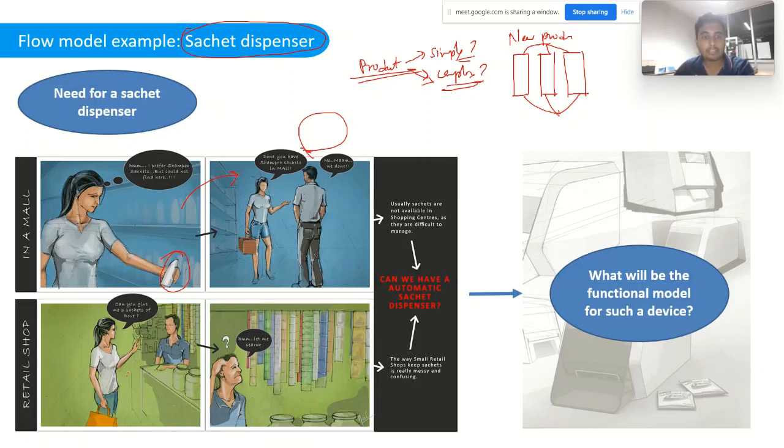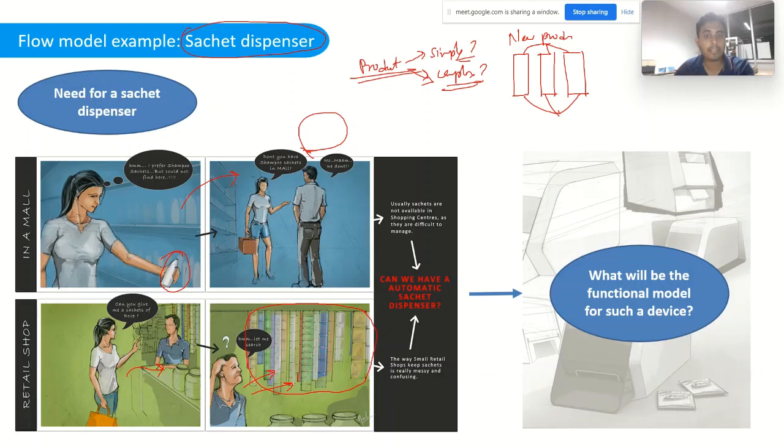Similarly, when we ask someone in a retail store, they have all sachets, but they store them in a very frugal manner, and it is very difficult to manage their sales, because it is very difficult to search for a particular strip of shampoo.